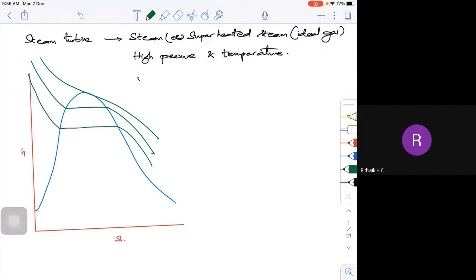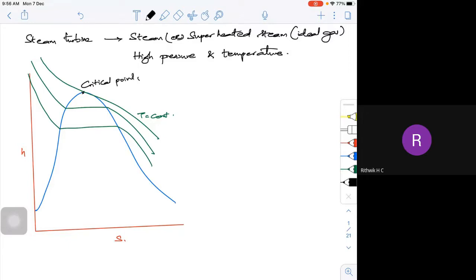These are my isotherms, and this is the critical point.